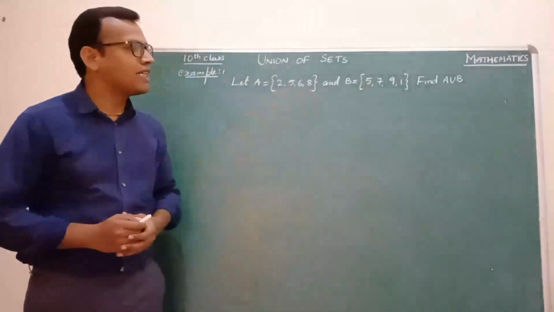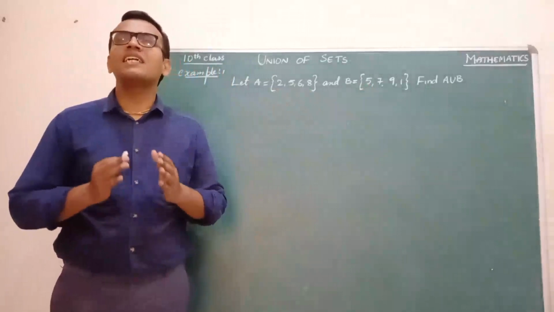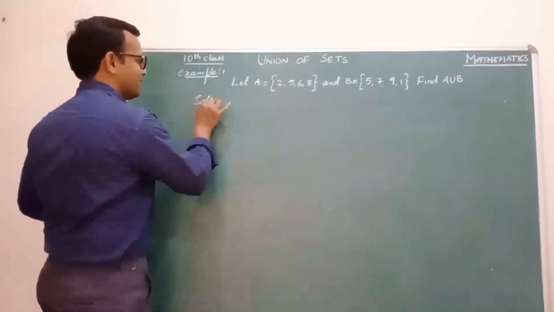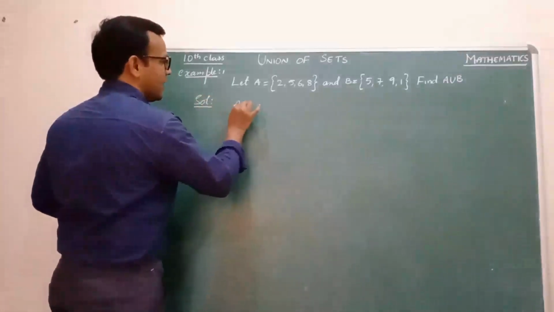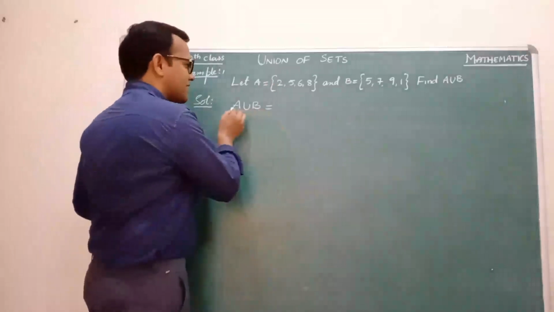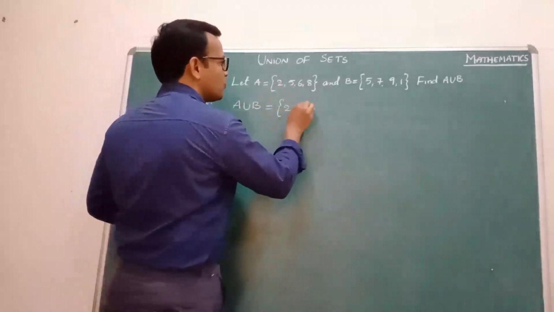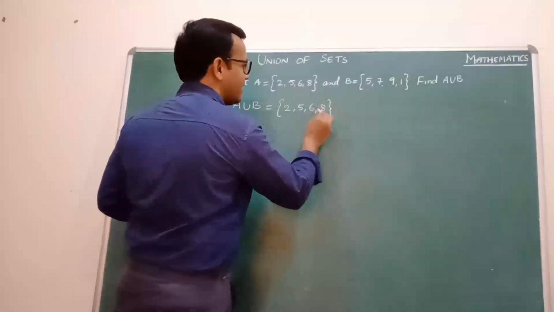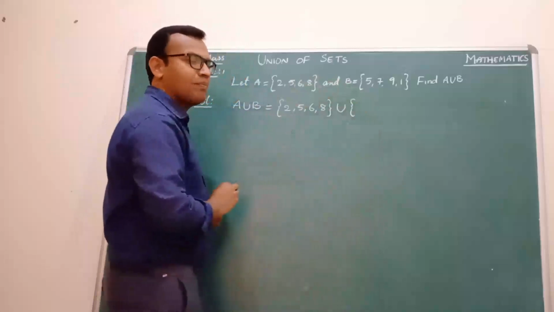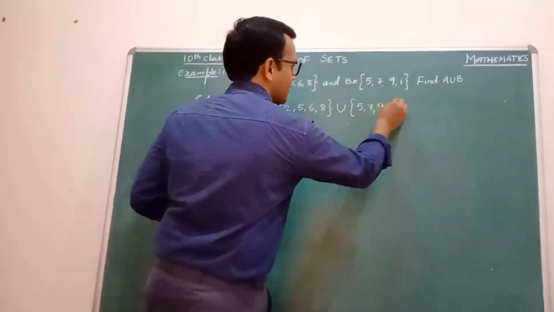We are asked to find A union B. Now let us find A union B. A union B is equal to, first let me take the set A, the set of 2, 5, 6 and 8, union, take set B, the set of 5, 7, 9 and 1.